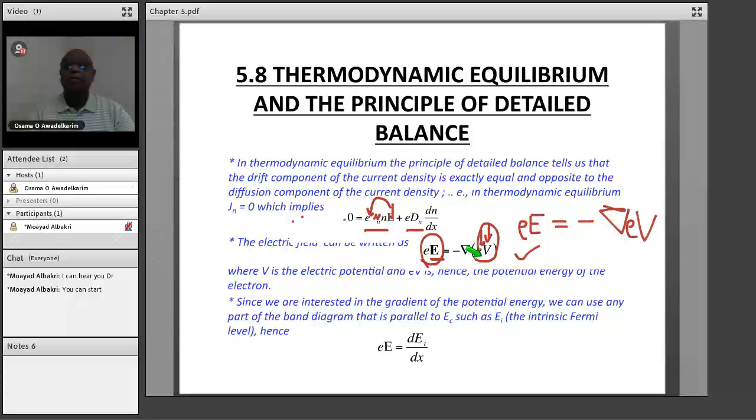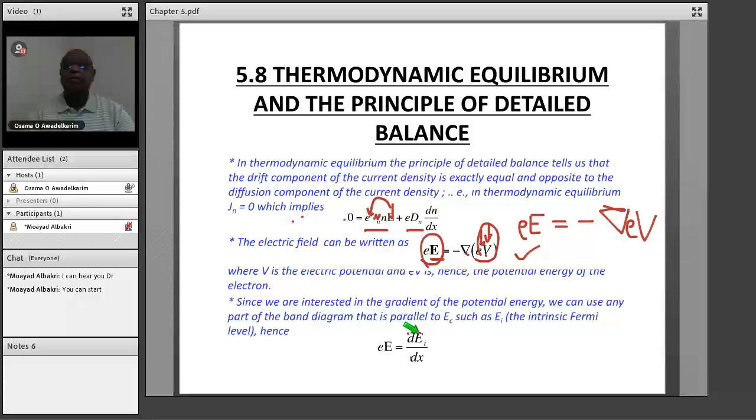The gradient of this total energy of an electron in a semiconductor can be written, in one dimension, as the derivative with respect to x of a typical energy of an electron in a semiconductor, which is the energy at midgap, or at the intrinsic Fermi level. The intrinsic Fermi level energy is a representative energy, or an average energy, if you like, quote unquote, of an electron in a semiconductor.